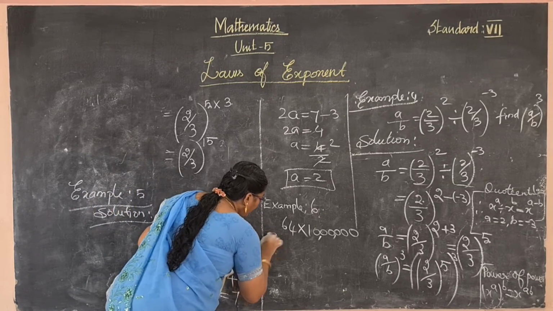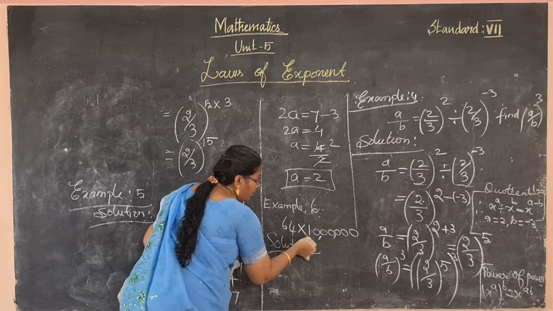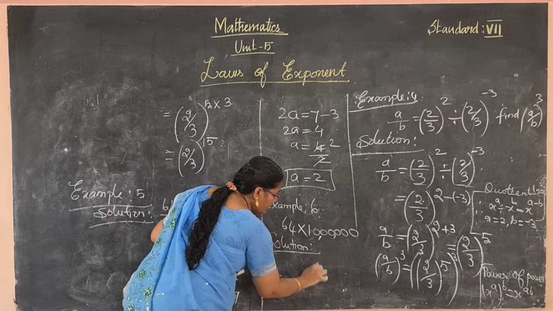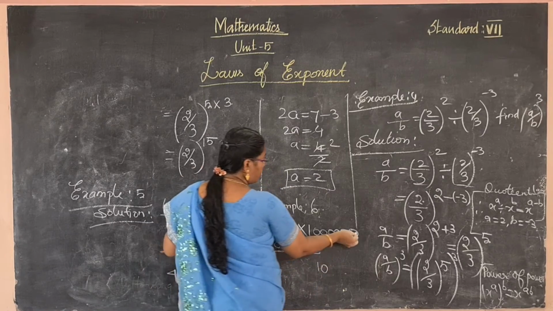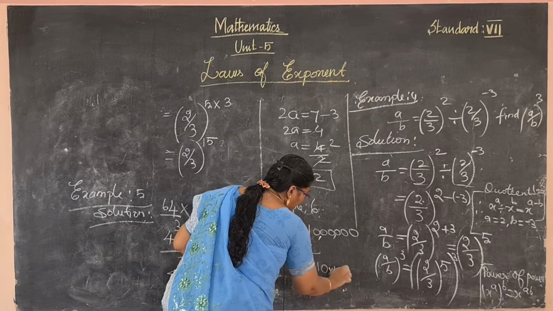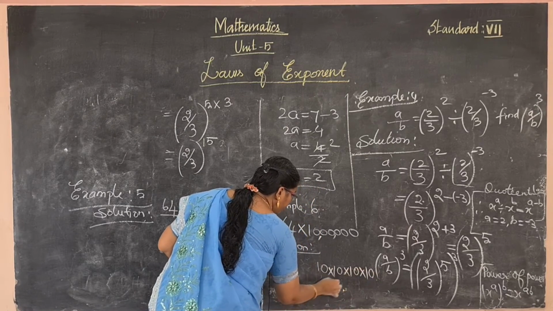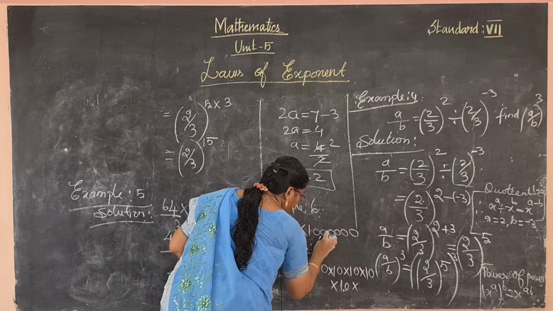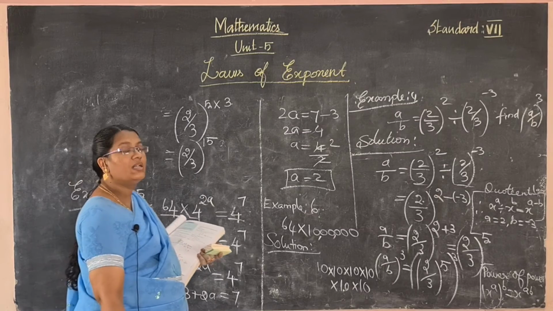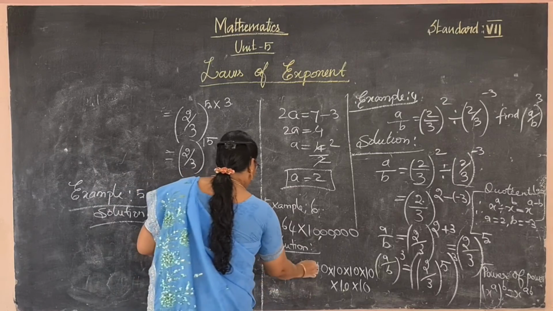So, solution: 10 lakh can be written as 10 power of how many zeros? 1, 2, 3, 4, 5, 6. So 10 multiplied 6 times gives 10 lakh.